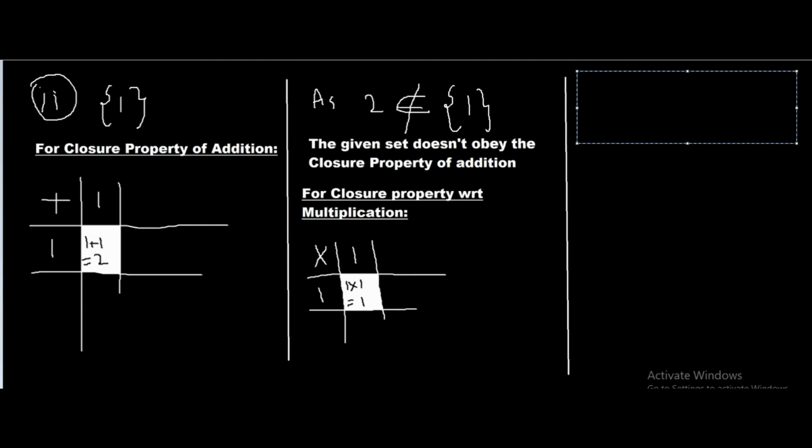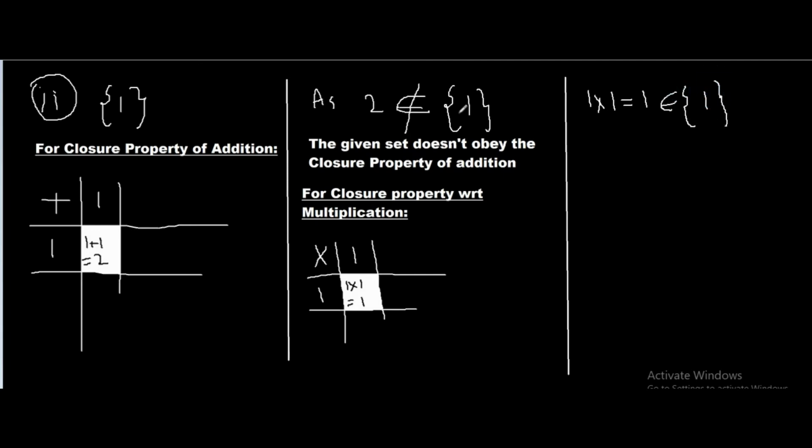You have to write the detail. At first you have to write the detail. So what is that detail? That the output, 1 cross 1 is equal to 1, which is belonging to the given set, which is 1.